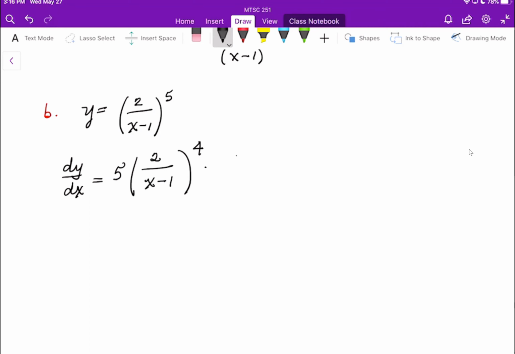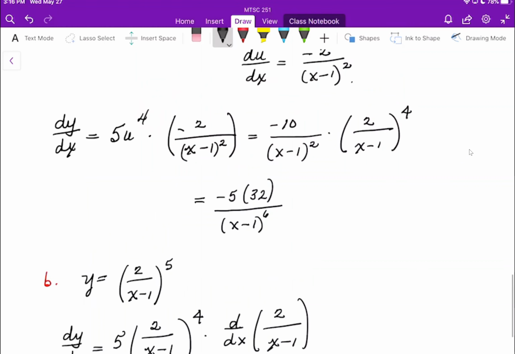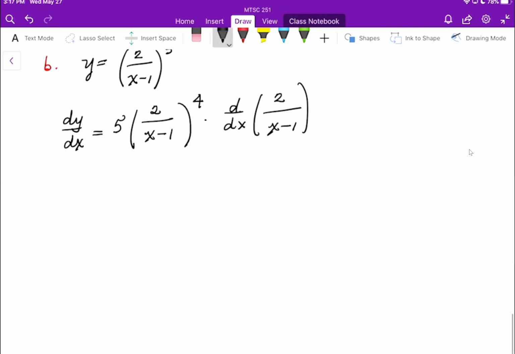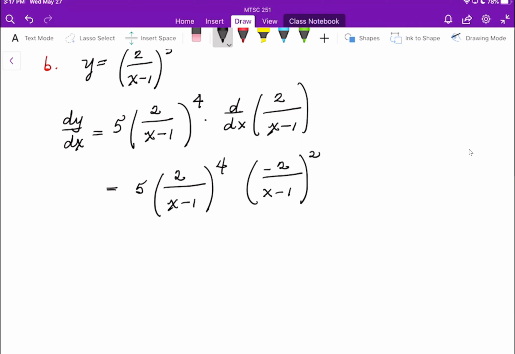And then you need to multiply the derivative with respect to x of 2 over x - 1. Now we found that in the last problem when we did this piece. So we get 5 times (2 over x - 1) to the 4th power, and we're going to get minus 2 over (x - 1) quantity squared.